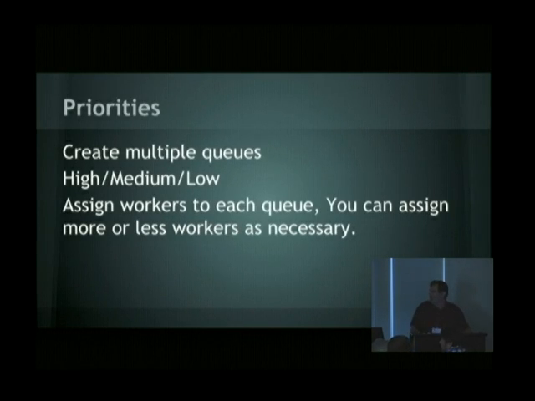So you saw that one of our queue names was high. So, priorities. What we ran into was a problem where we had queues that we were using for a number of different things. We had really high priority things where the user clicked on something, and we wanted to make sure that data got fed into the data warehouse right away.